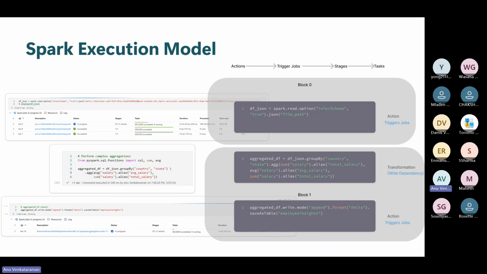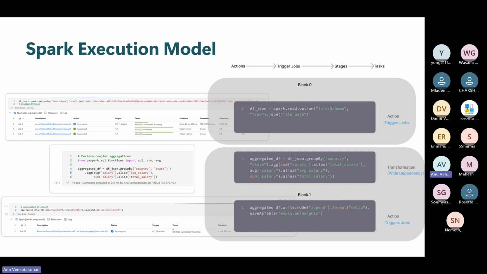But if I'm doing some aggregation, if I'm doing some group by, in that case, there needs to be an exchange of data to come up with the final result. So, for example, if I'm doing a group by country, this group by will first be performed in each of the executors, and then finally the results will be exchanged between the executors to come up with the final result.